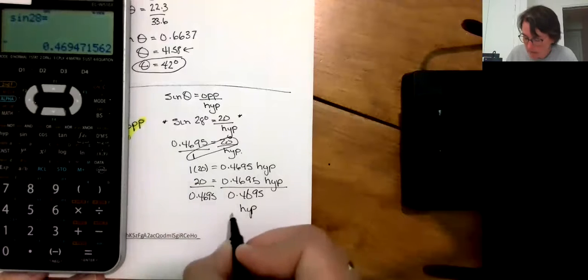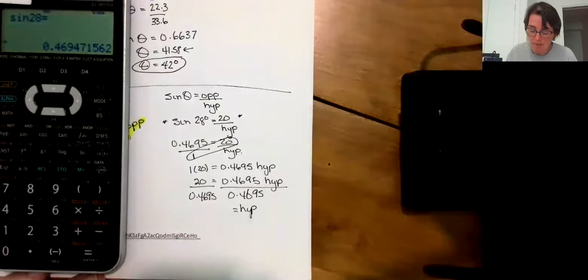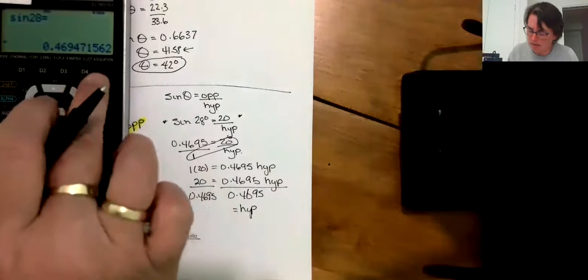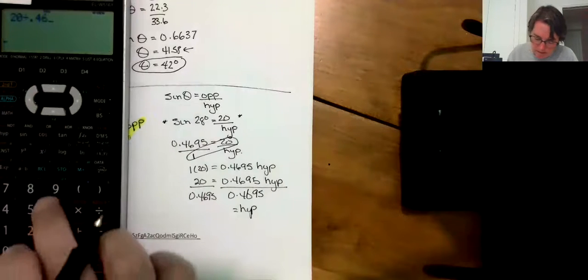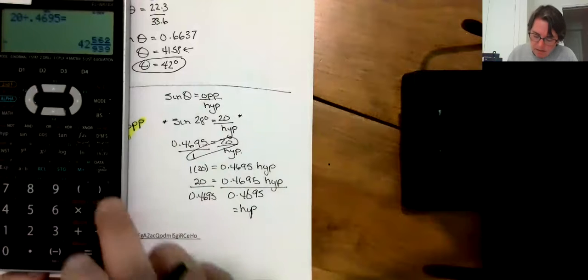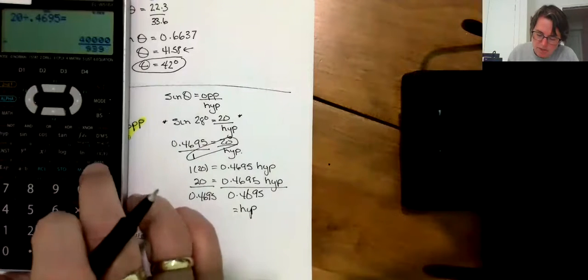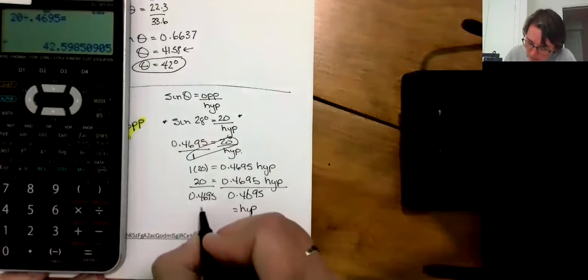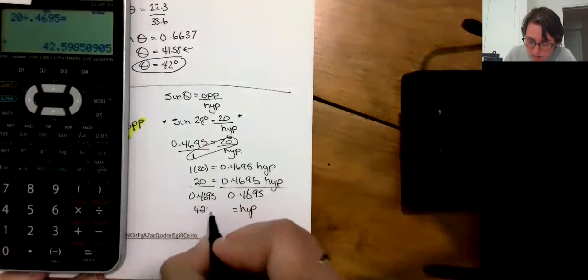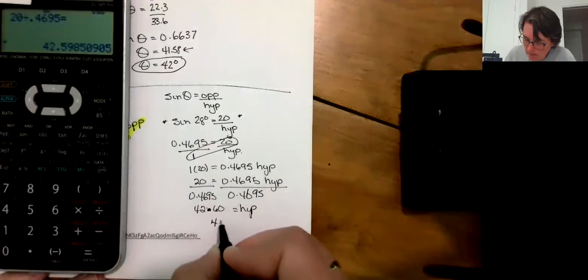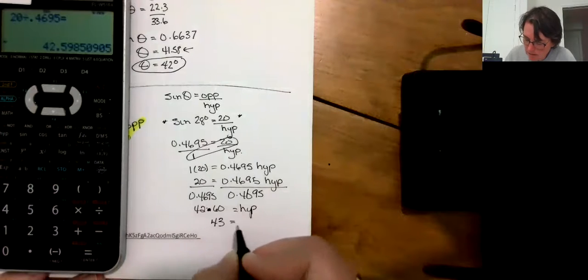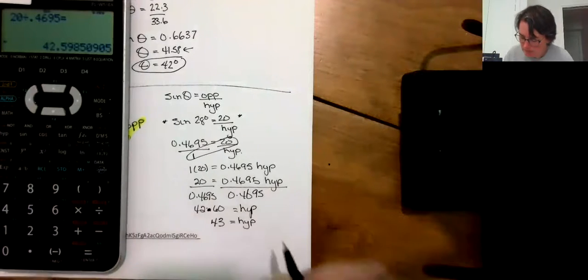Hypotenuse, and my brain says it should be about 30. I'm probably terribly wrong on that, but it's just a guess. 20 divided by 0.4695. Yep, I was pretty much off on that. 42.60 or 43 is my hypotenuse.